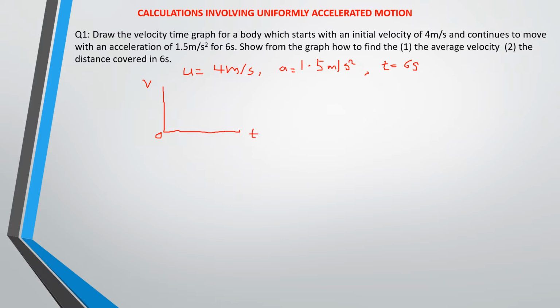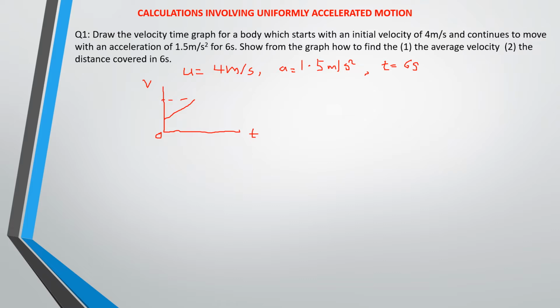Okay, so the body starts from 4 meters per second, so we are not going to start from rest. The body did not start from 0, so it started from 4 meters per second. So assuming that is 4 meters per second, it now accelerated up to this point.